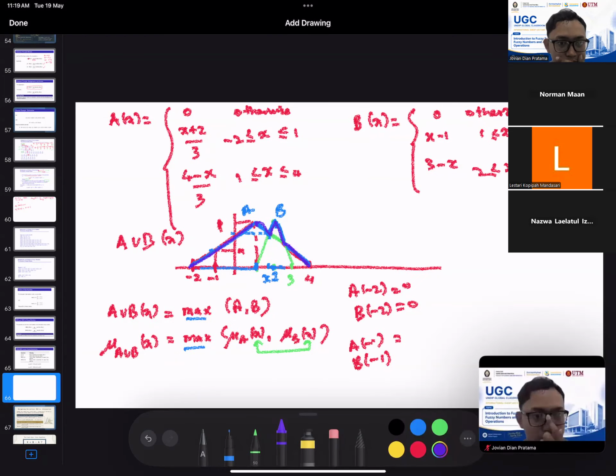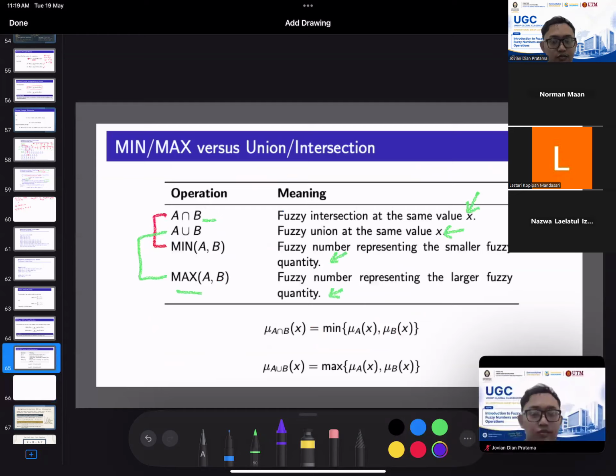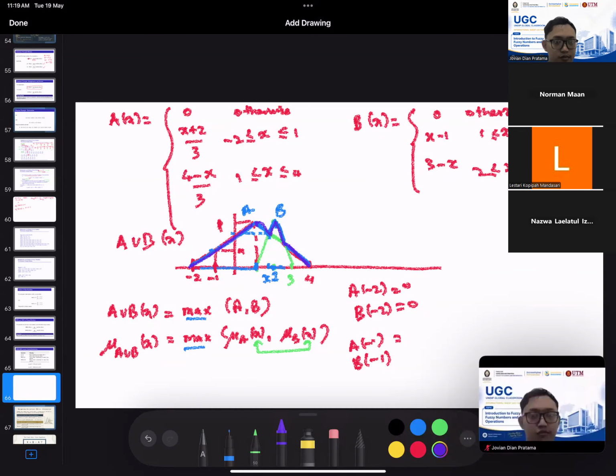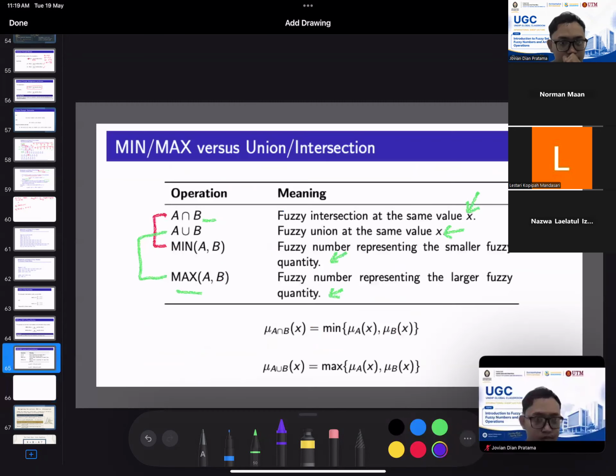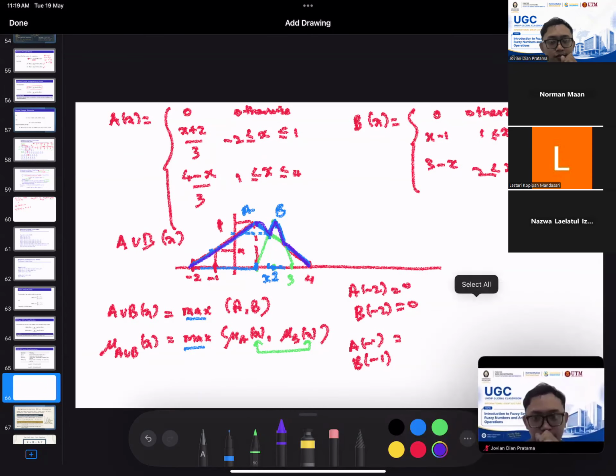But when we do the Maximum of A and B, maybe I use a different color. Maximum of A and B. The diagram will be different, okay?